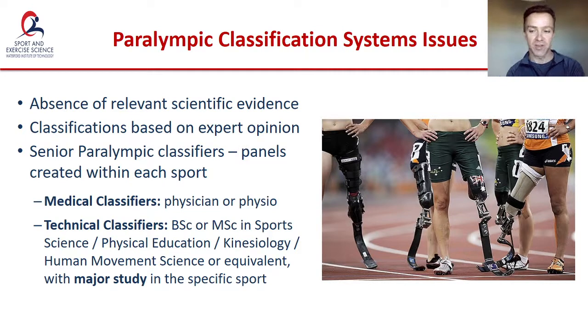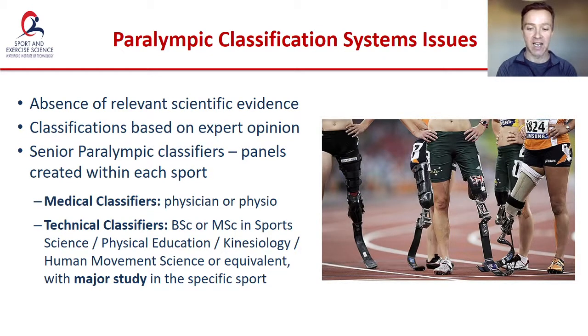Within each of the sports, senior Paralympic classifiers from a diverse range of backgrounds lead the development of the functional classification systems. There are medical classifiers, so they are doctors and physiotherapists who must be suitably professionally qualified, and they operate to determine how they think the disability is going to affect the functional ability of the athlete.